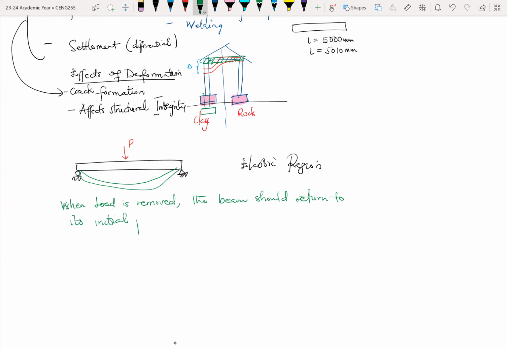Okay, so that's the idea. So anytime you apply a load to a structure and then you take away the load, whatever deformation has been caused in the structure should ease away so that it goes back to zero. When that happens, we say we are within the elastic range or the elastic limits. The elastic region or limit is a region whereby any deformation is not permanent.